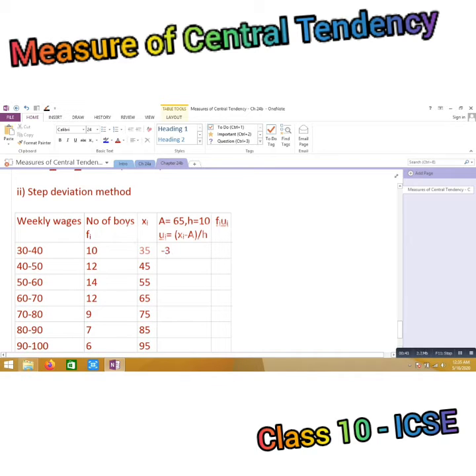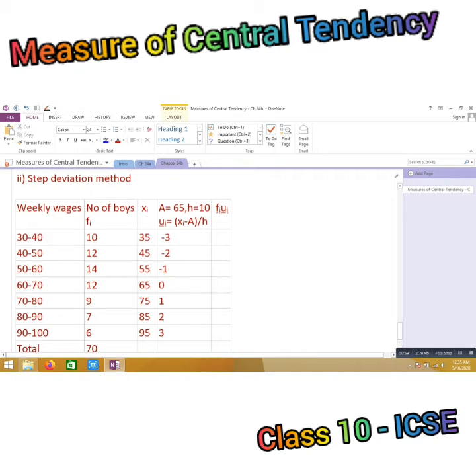Here the class interval is given as between 30 and 40. So we can find the value of u by substituting the value of xi, a and h for this column.